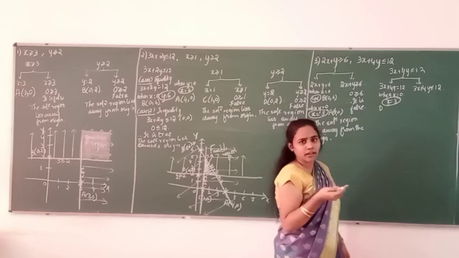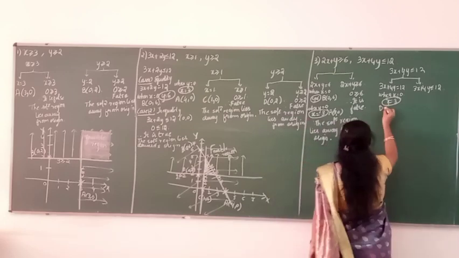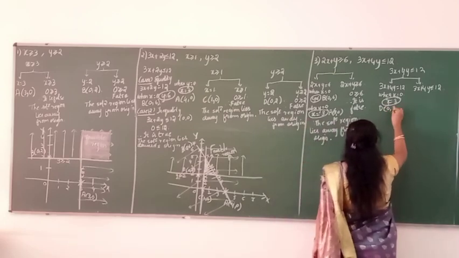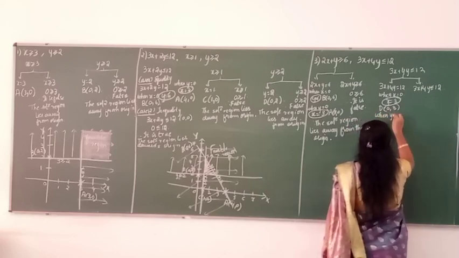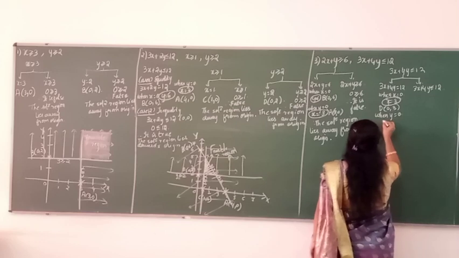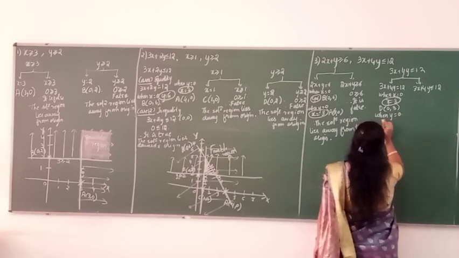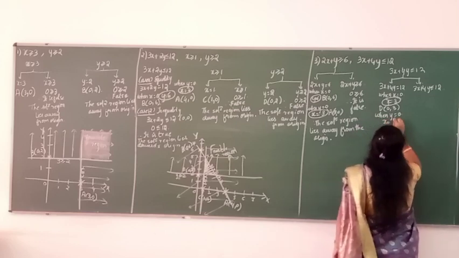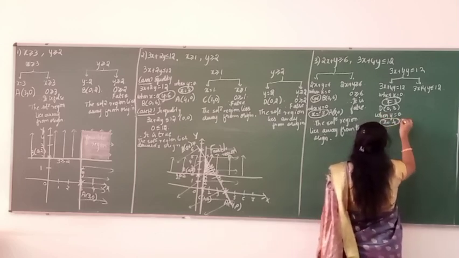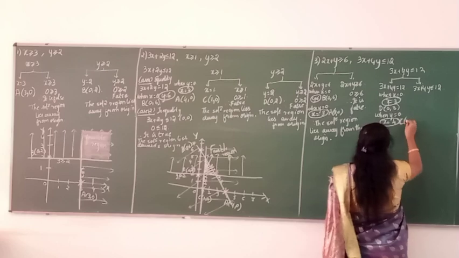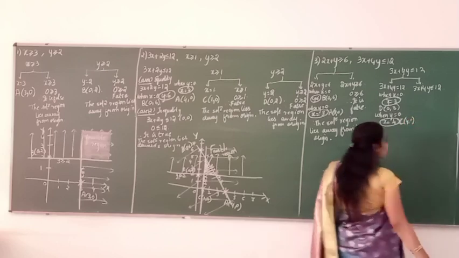Okay, you can use any other alphabet also. Next, when y is equal to 0, so it will be x is nothing but 4, which is nothing, C coordinate 4 comma 0.